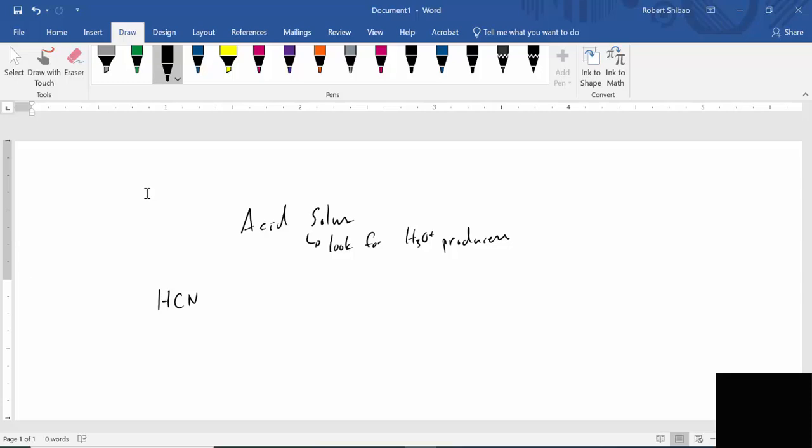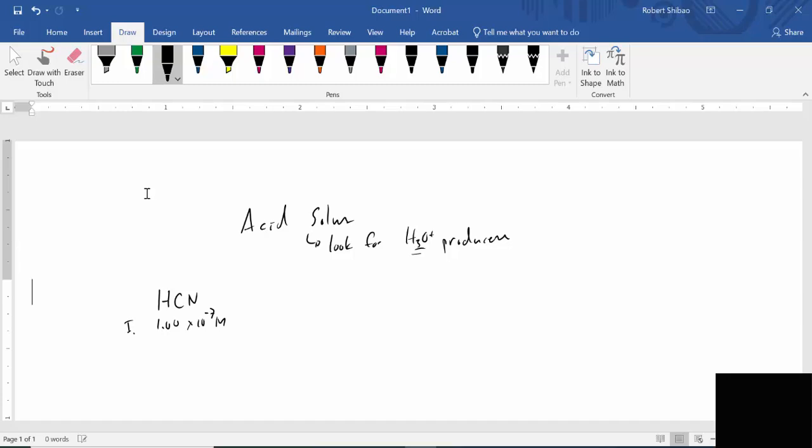And so here we have HCN, and the initial molarity, when we look at hydronium ion producers, we start off with the largest, which will be HCN, and I gave it 1.00 times 10 to the minus 7 molar. Is that where we left off? I think so.